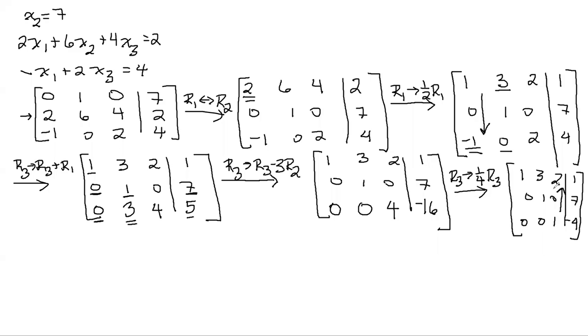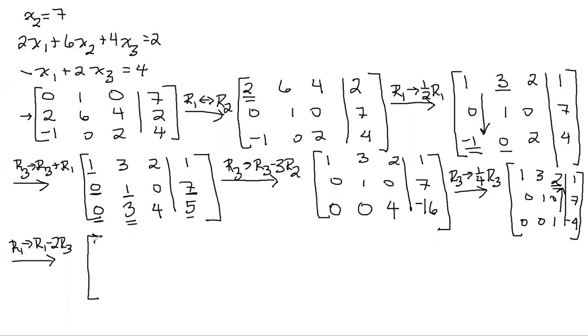So our first issue is this 2 here in the first row. We want to get rid of that. So how do we get rid of that? Well, we can subtract 2 copies of the third row from the first row. So we'll replace row 1 with row 1 minus 2 copies of row 3. So 2 times 0 will leave the 1 alone. 2 times 0 will leave the 3 alone.